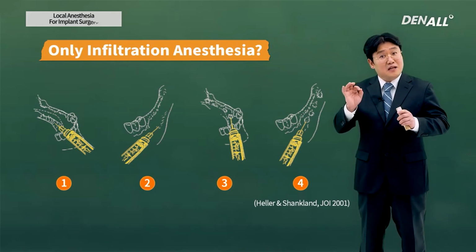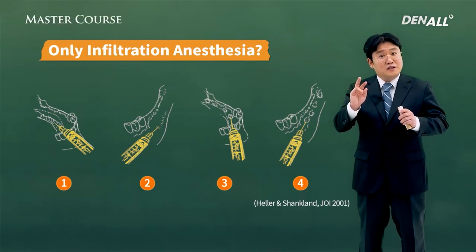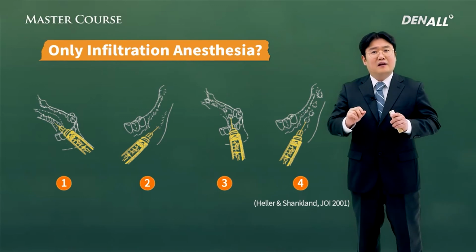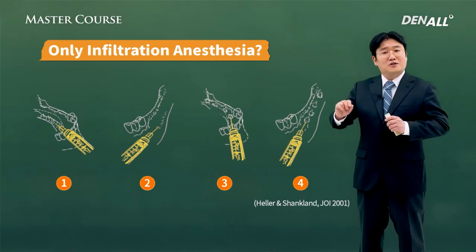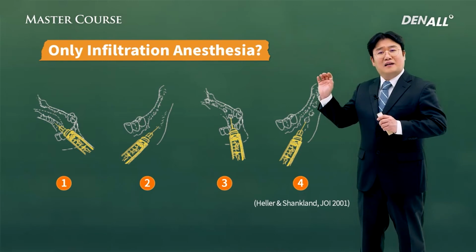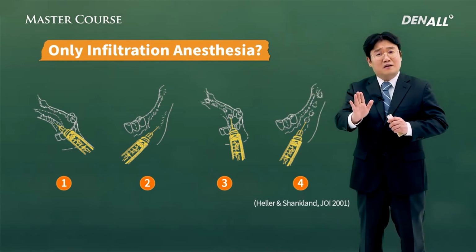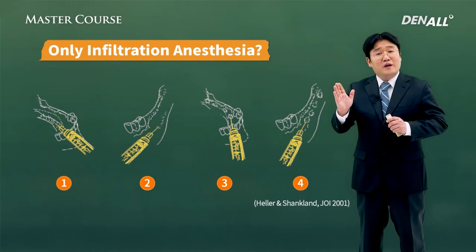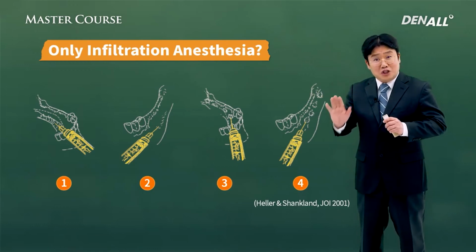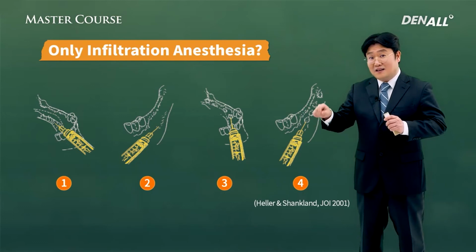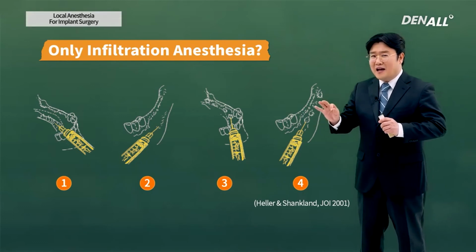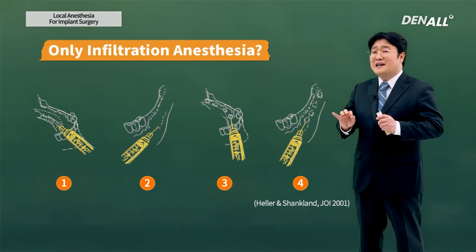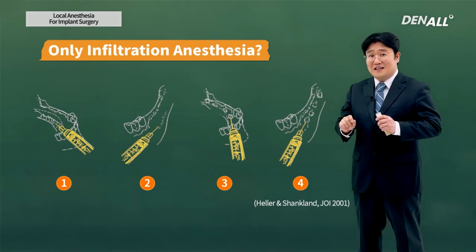First, we are concerned about the direct injury. Number 2, as I briefly touched upon before, if the inferior alveolar nerve is under anesthesia, when we do the drilling or when we place an implant, we may not be aware when we approach the inferior alveolar nerve.